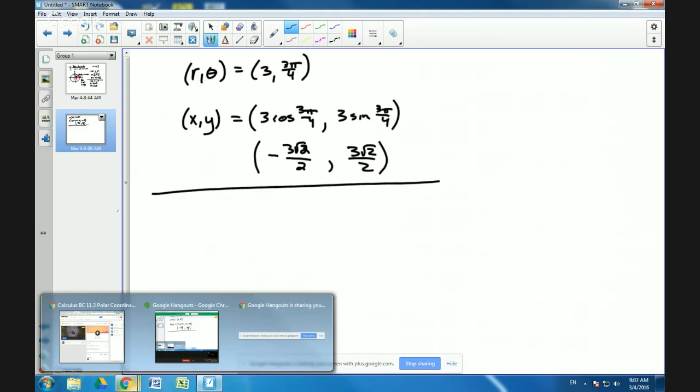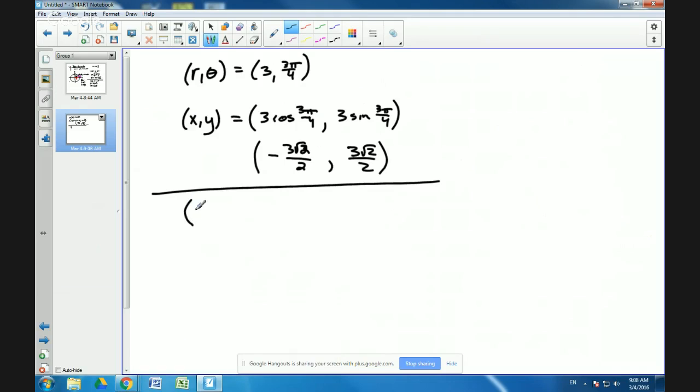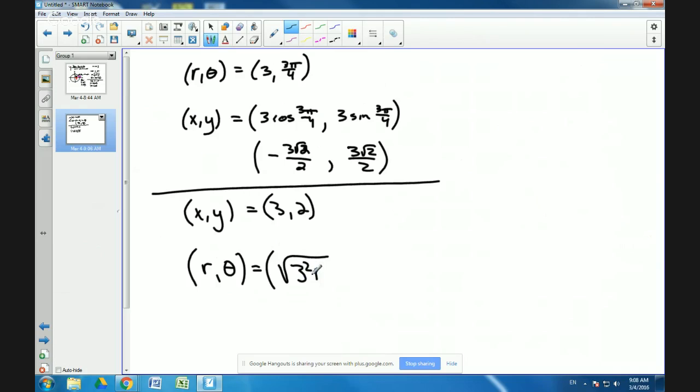What about, let's see, going the other way? r is the square root of x squared plus y squared, right?